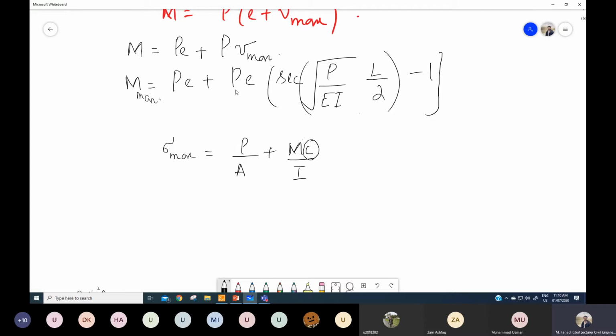If I substitute this moment equation into this one, I will get sigma maximum is equal to P over A plus PE secant under root P over EI L over 2 minus PE. In fact, we could have simplified this one.